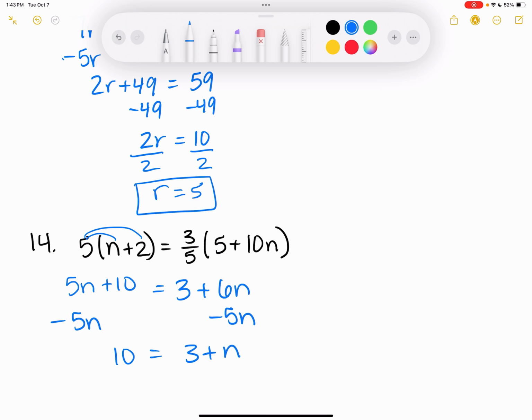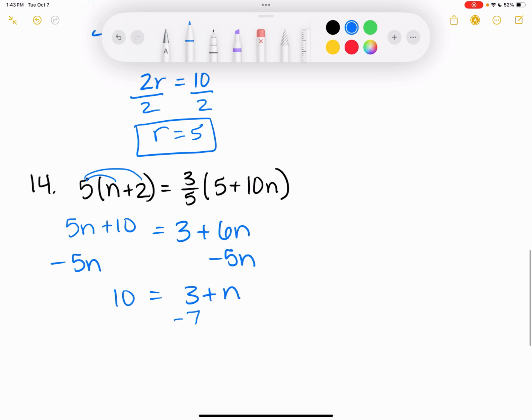I don't have a division step. So I wrote minus 7, minus 3. So 7 is equal to n. Wait, does that mean a cookie in the jar? No, because I fixed it.